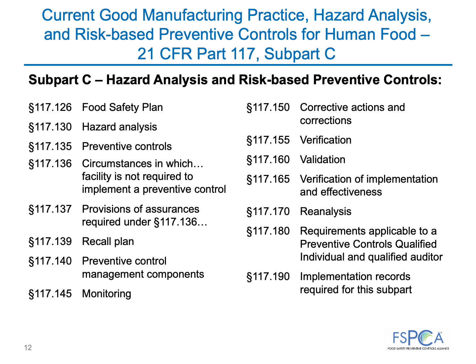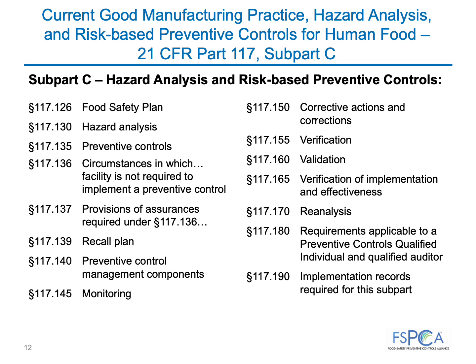We have covered in more detail the requirements in Subpart C in the individual chapters pertaining to each section. Here's a high-level summary of the requirements. Every facility subject to Subpart C must have a written food safety plan that includes a written hazard analysis and written preventive control procedures, including monitoring, corrective actions, and verification, as applicable.